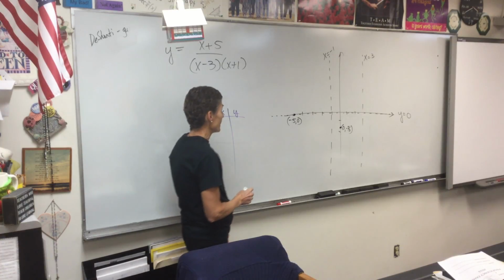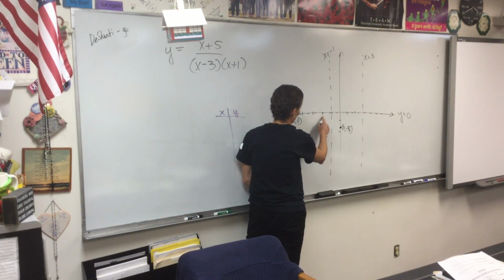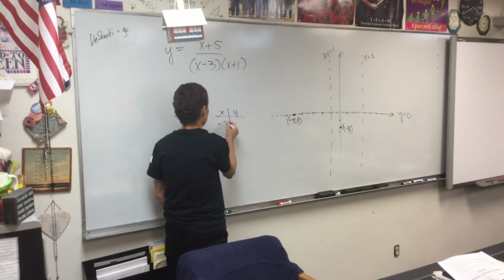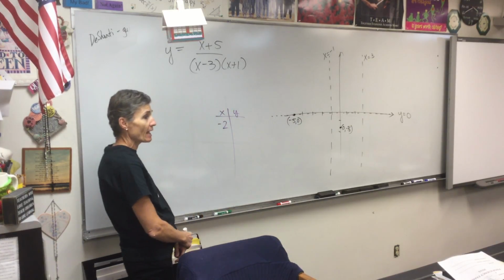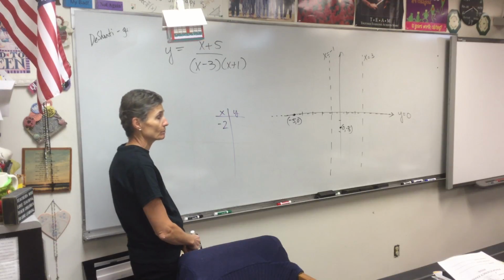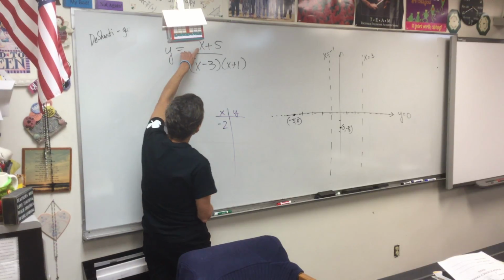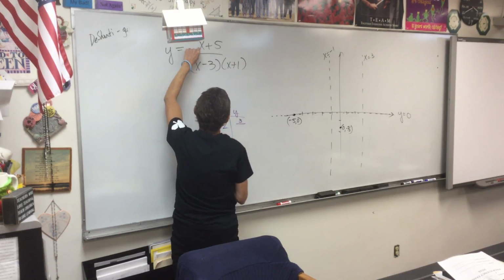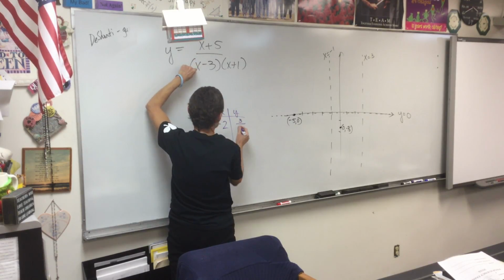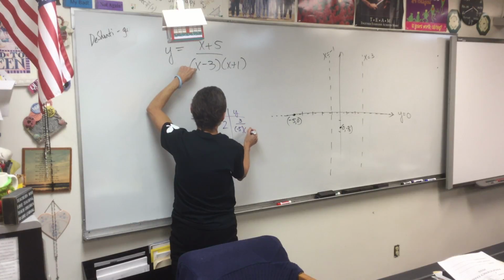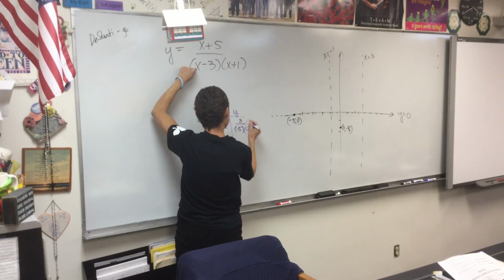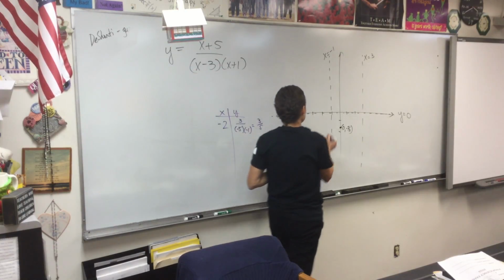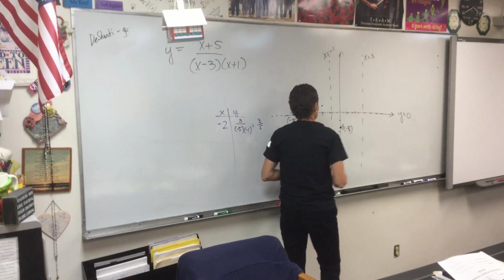I'm going to see what happens if I let x be -2. So I'm going to put it in. If I let x be -2, I have 3 over -5 times -1, which is 3/5. So I'm going to plot the point -2, 3/5.